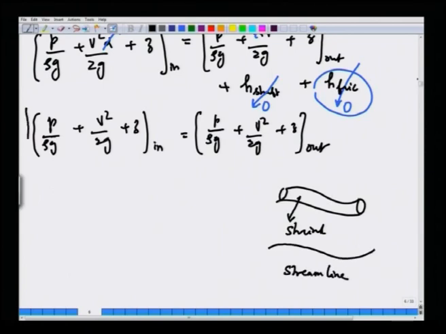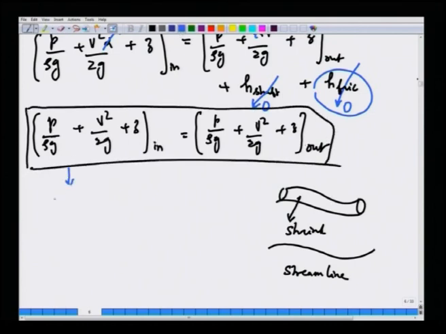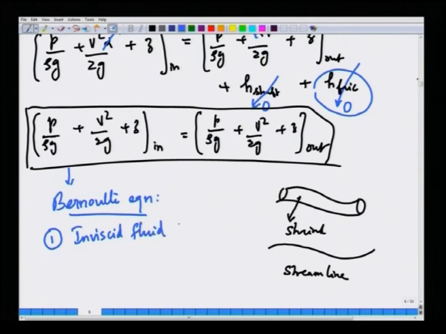So, this equation, which is called the Bernoulli equation, the classical Bernoulli equation, is applicable to an inviscid fluid, okay, 0 viscosity, okay, to a streamline. It is applicable only between 2 points along a streamline, along the same streamline. Okay. Of course, we have made further assumptions such as steady incompressible flow, which are less restricted assumptions.